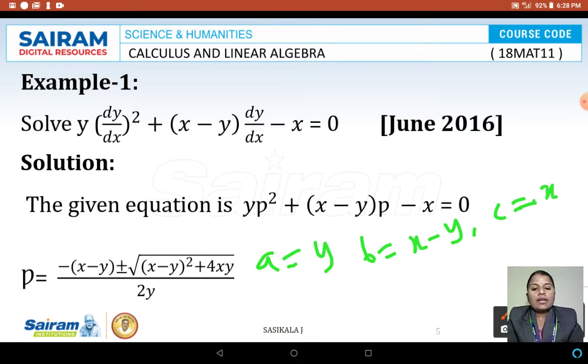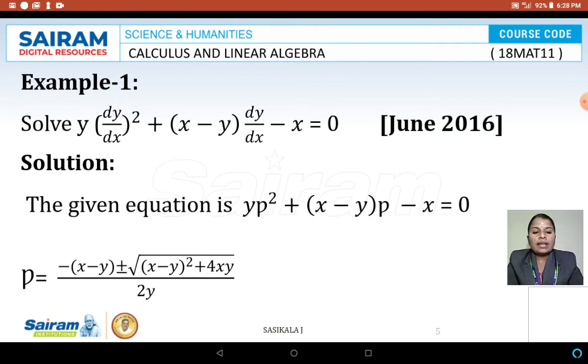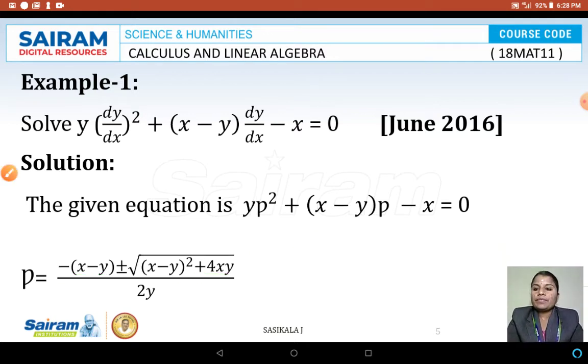The formula gives p equals minus (x minus y) plus or minus root of (x minus y) squared minus 4 times y times (minus x), by 2y.